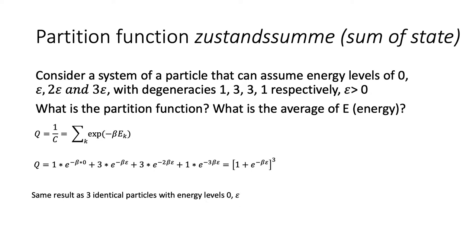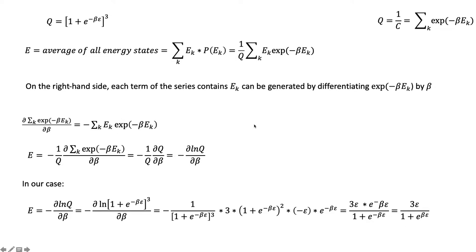Now that we have the partition function, how can we find the average energy E of this system? We know E is the average of all energy states. So that will be the sum of the energy state times the probability of this energy state, right?